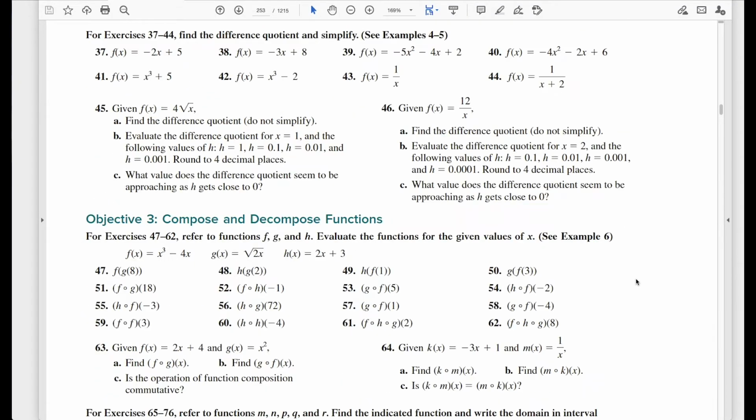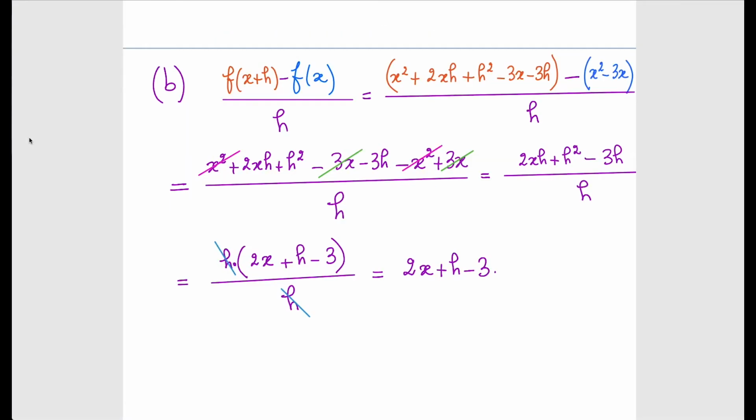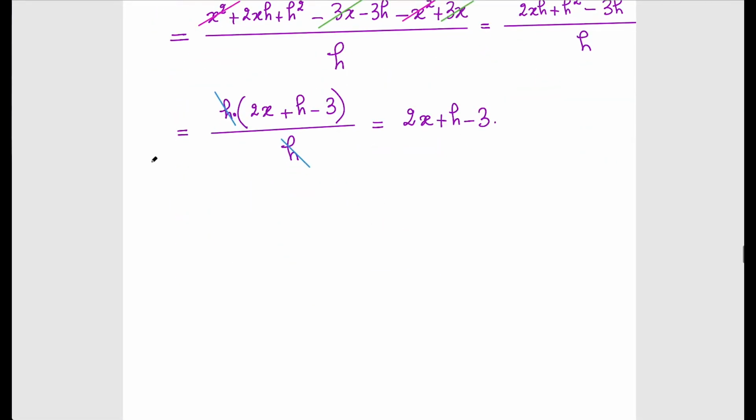Let's do one more problem pertaining to difference quotient. Let's do 44. The question is find the difference quotient and simplify, and the function involved now is 1 over x plus 2. Okay, so this is 44. The function is f of x is equal to 1 over x plus 2.